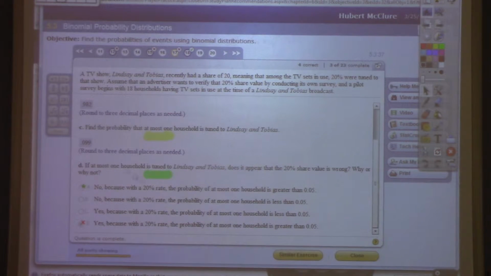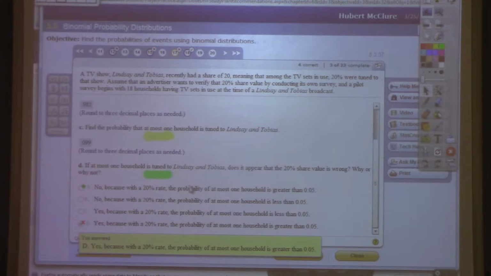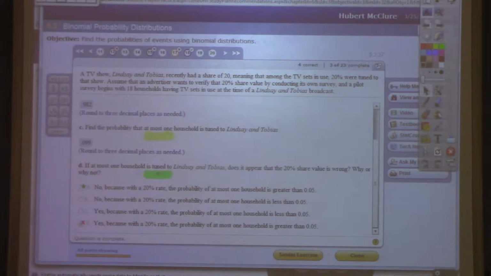Okay. I don't agree with this because this says, does it appear that 20% share value is wrong? Now, if they would have said, does it appear that this falls within the 20% share value? Yes. Okay?